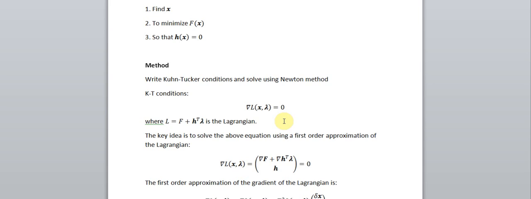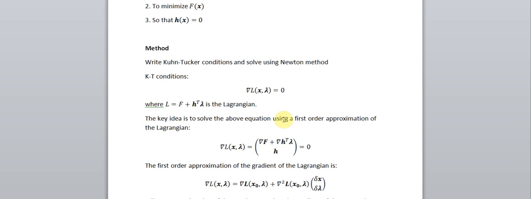And the key idea is to solve this equation using a first order approximation of the Lagrangian. So this is a sequential method where we have a linear approximation of the Lagrangian, and we solve this equation.